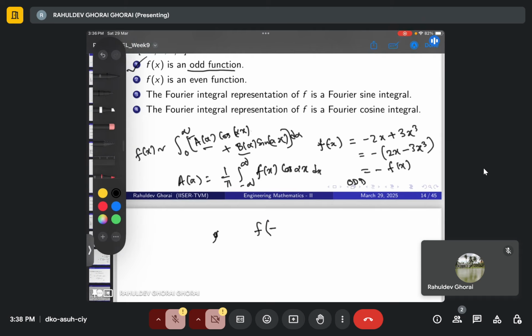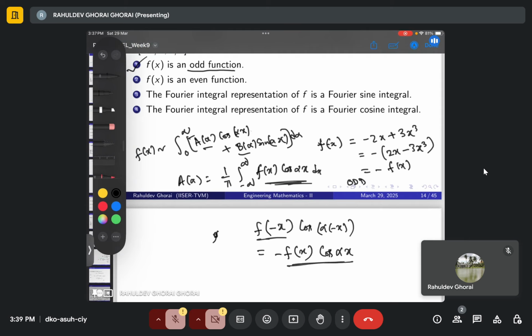So I'm thinking about this function now: f of minus x times cos of alpha times minus x. Let me write it precisely. As f is an odd function, f of minus x will be minus f(x), and cos of alpha times minus x will be cos of alpha x, because cos is an even function.